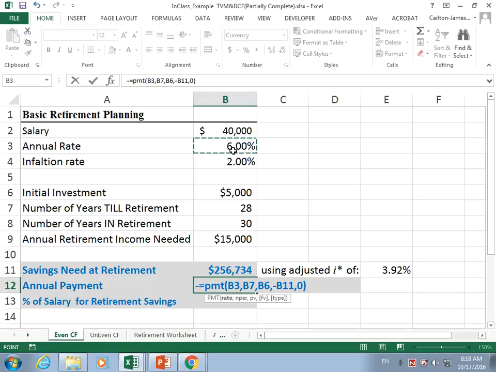If you want to account for inflation, maybe you should adjust this and then still use the 6%. But if this is what you want in your account when you retire, then you should use the 6%.